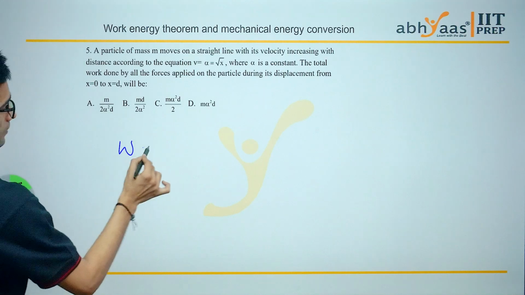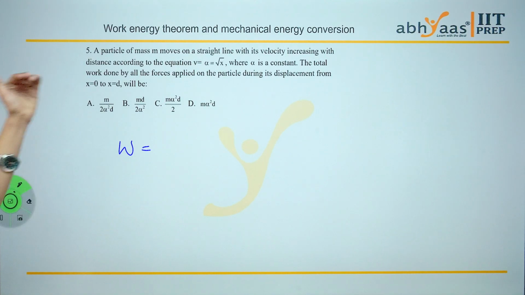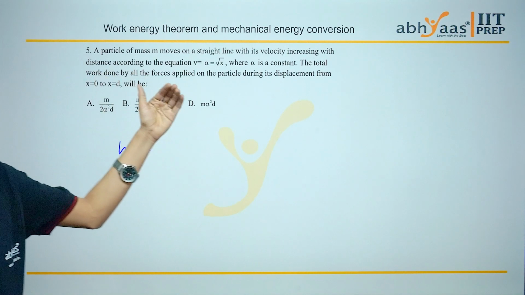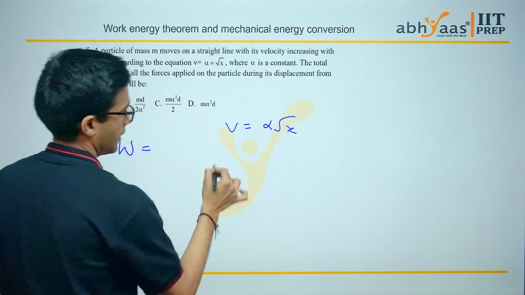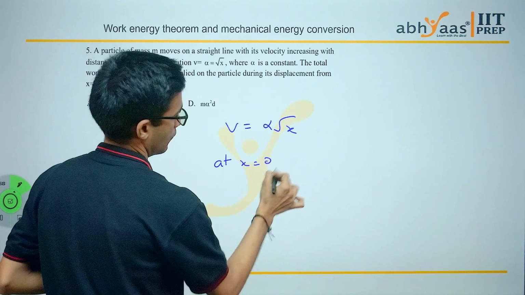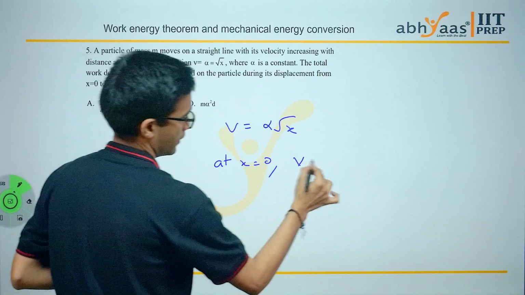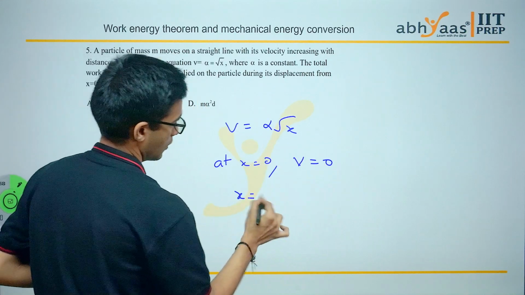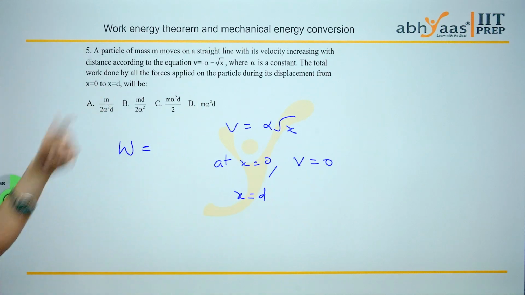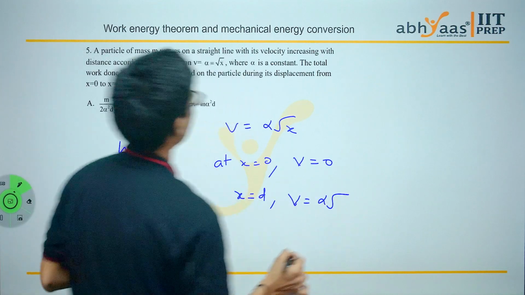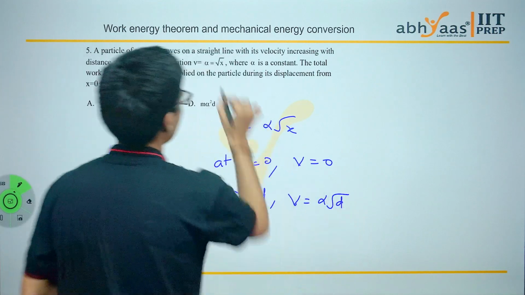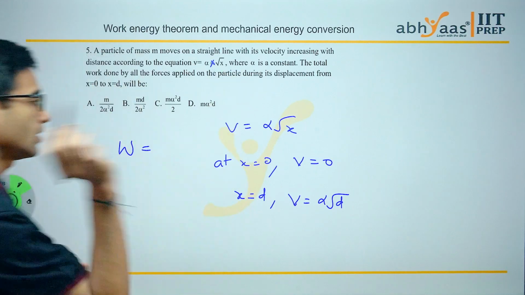Particle is moving with velocity v equal to alpha root x. At x equal to 0, v is equal to 0. At x equal to d, v is equal to alpha root d.